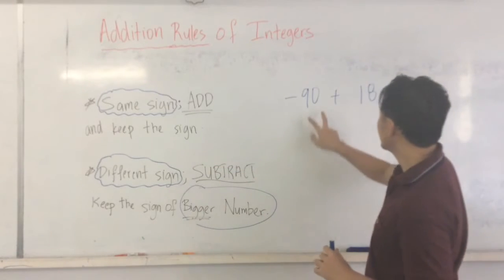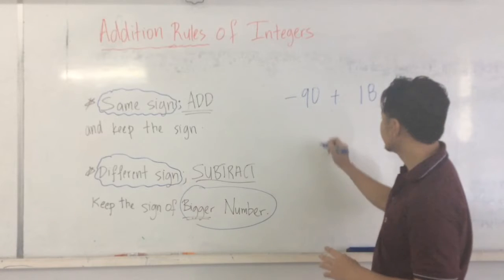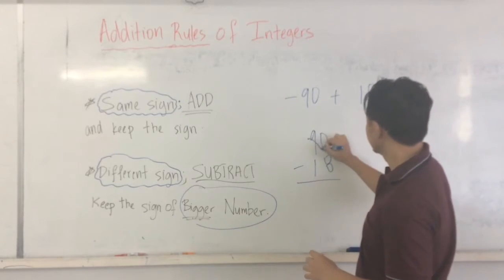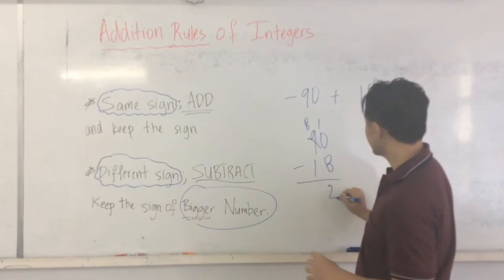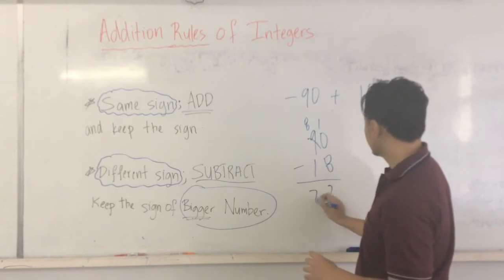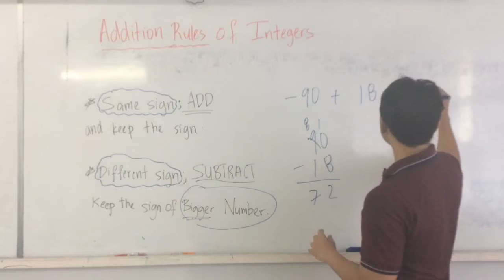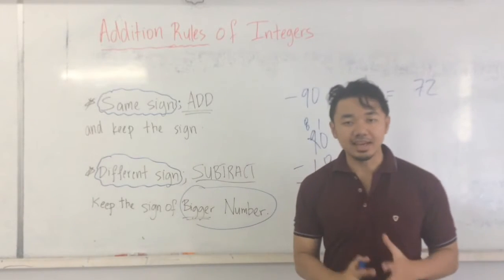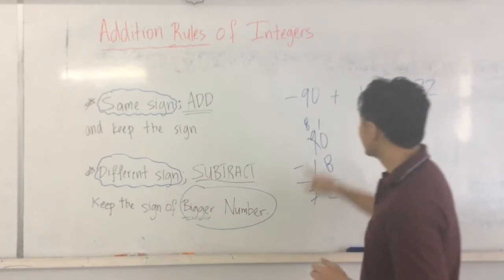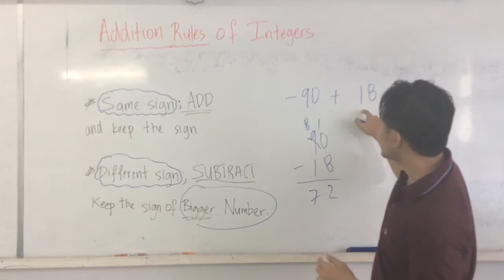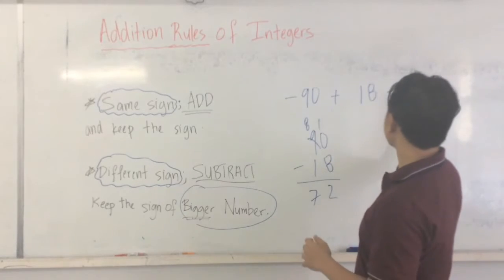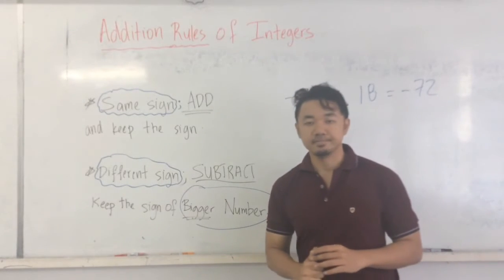Subtract them. What is 90 minus 18? It's 72. And then keep the sign of the bigger number. 90 is bigger than 18, and the sign of the number 90 is negative. So it's negative 72.